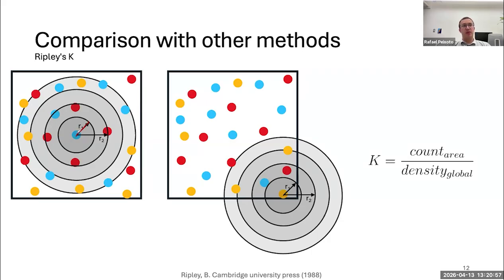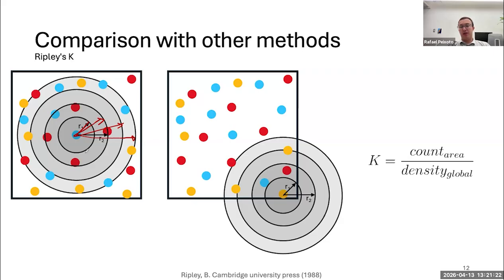you increase your neighborhood. So start with smaller circles, and then you increase the radius of the circles, and then you calculate the proportion or the counts of the other cell types that are inside the circles, and you compare it with the global proportion. So in Ripley's, you're increasing the neighborhood size and you're always comparing with the global proportion.